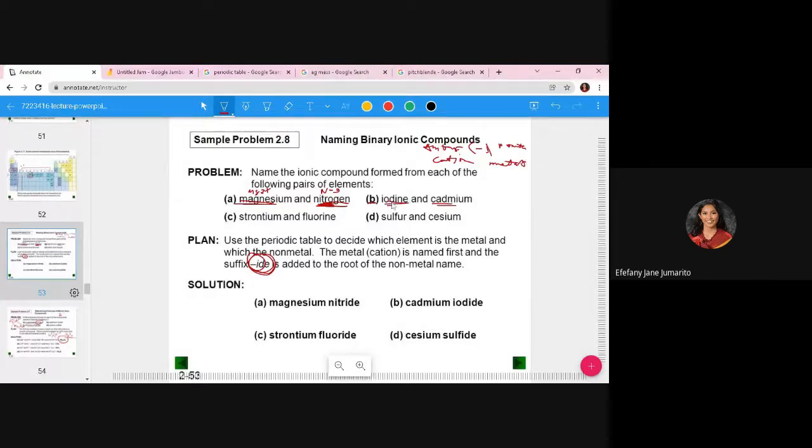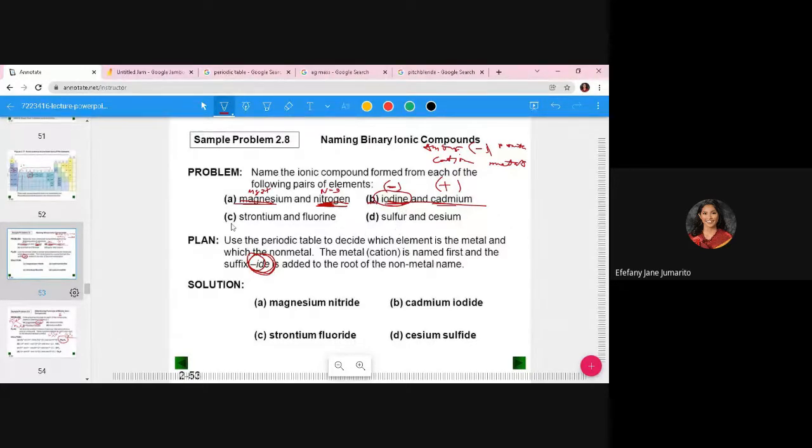Iodine is the anion. Cadmium is the cation. So when you name the two into one, we call it cadmium iodide. Perfect. So you change the anion to -ide.